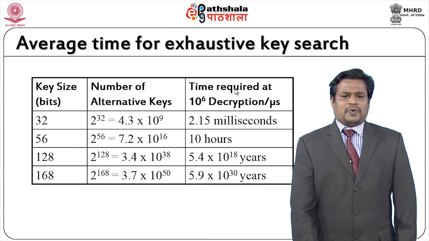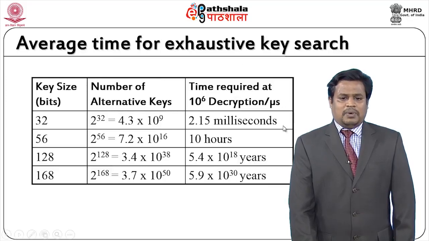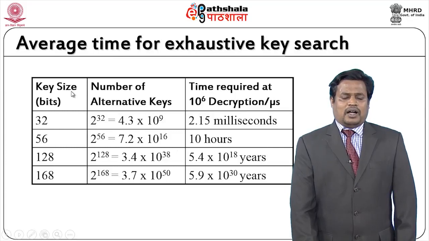It is very easy for an attacker, without knowing the key, to get back the message. Here is a table explaining how difficult it is for an attacker to break the algorithm without knowing the key, based on the size of the key. For example, for a 32-bit key, the number of possible alternative keys is 2 to the power 32, that is 4.3 times 10 to the power 9.